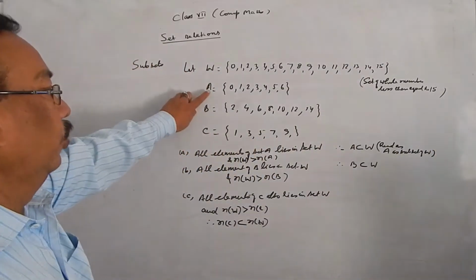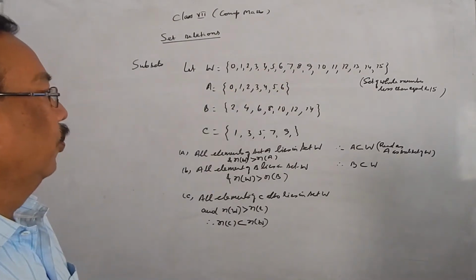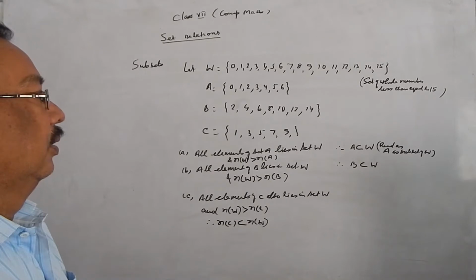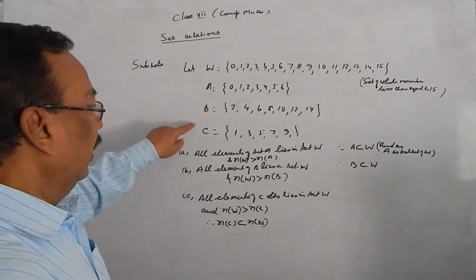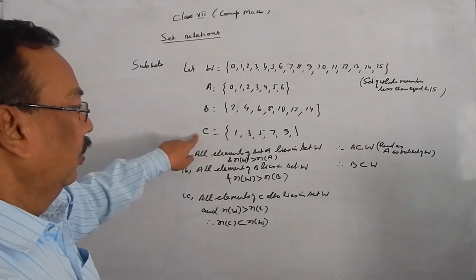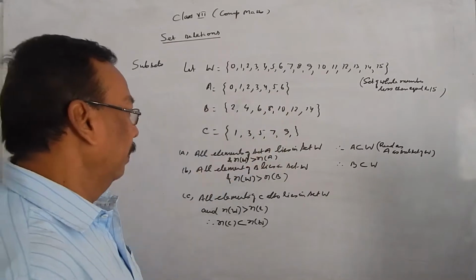A equal to 0, 1, 2, 3, 4, 5, 6. Set of whole numbers up to 6. C equal to odd numbers less than 10.